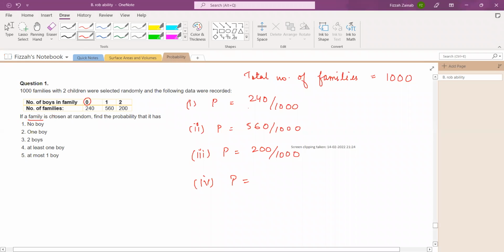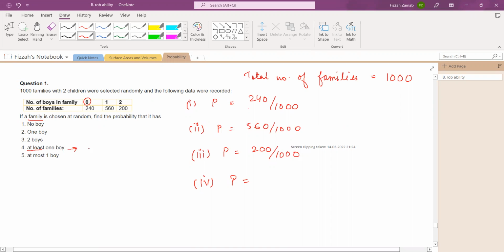These are important terms in the chapter of probability. What do you mean by at least and at most, right? At least means you should have minimum one boy, right? At least one boy has to be there. There can be more than one, but at least one has to be there. So you cannot take a family which does not have any boy. It can also have two boys. It can also have three boys. Do you understand?